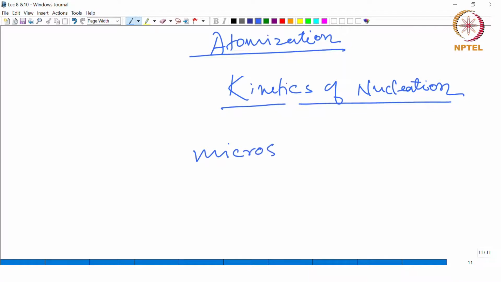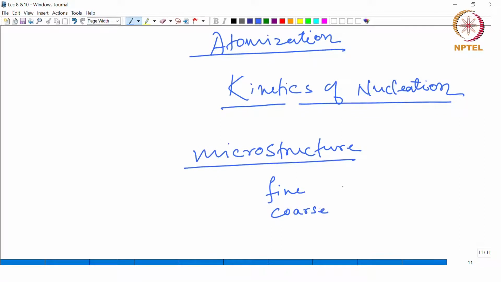Microstructure is nothing but the internal structure of any material, whether the microstructure is going to be fine or coarse, that would depend on the kinetics of the process.